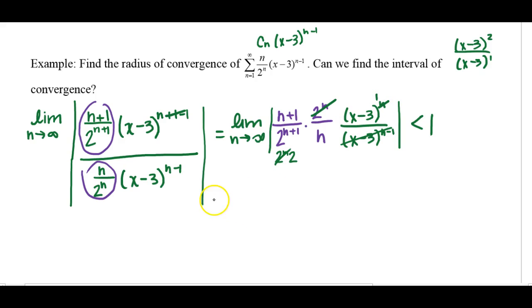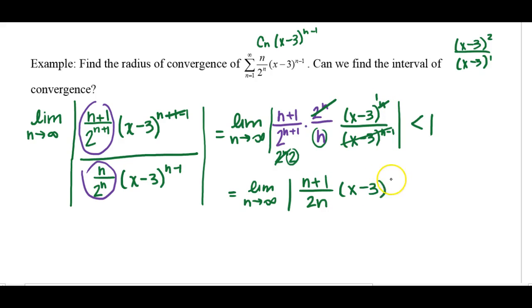Now let's see what I have left. This is the limit as n approaches infinity of n plus 1 on top, and on the bottom I have the 2 and the n, so 2n, times x minus 3 to the 1. This has to be less than 1. Now let's evaluate the limit part.